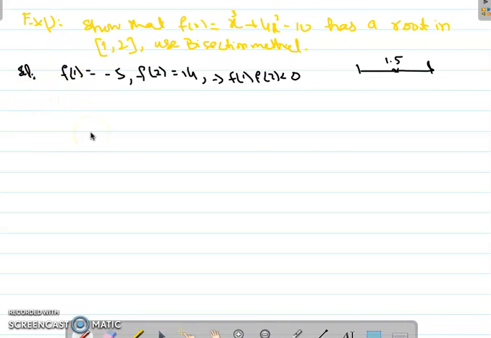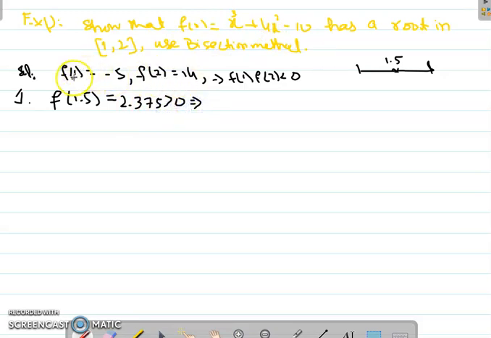So for the first iteration, we have to find the value of the function on 1.5, which is equal to 2.375. Substituting the value of x, which is 1.5, in this function, we have got the positive value.